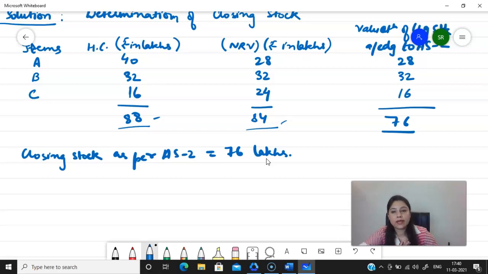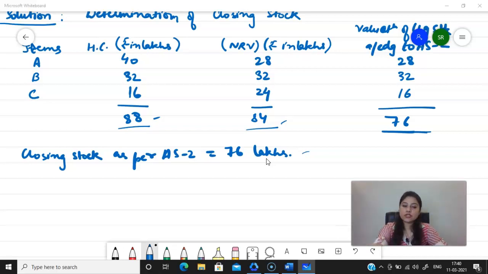No, that is not the correct way, since it has been specifically mentioned in the question that such items were neither similar nor interchangeable. So we will be ascertaining the closing stock value on an item basis and then totaling it, which will be shown in the books of accounts. So 76 lakhs is the correct amount of the closing stock for the business.